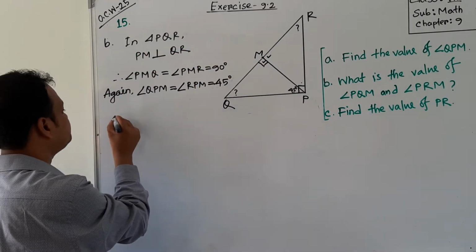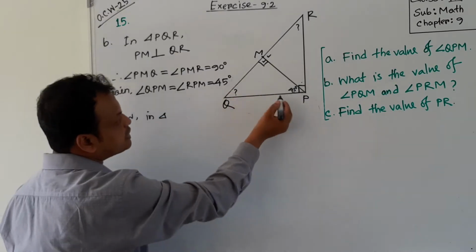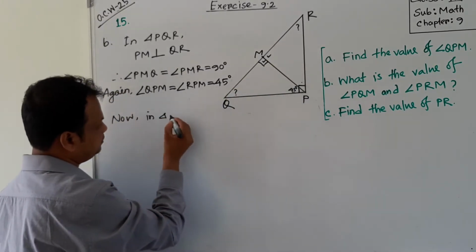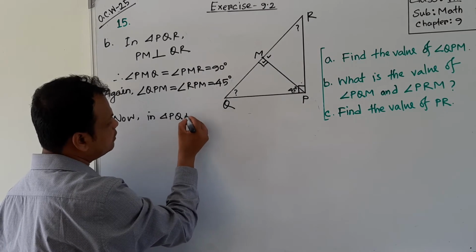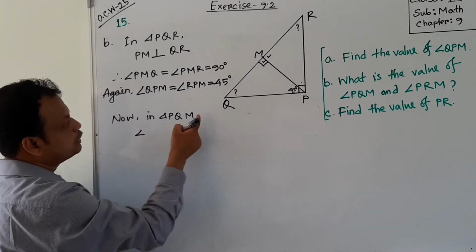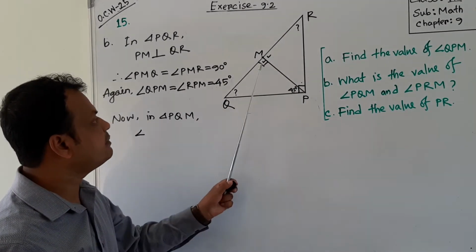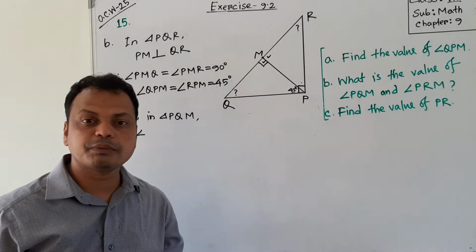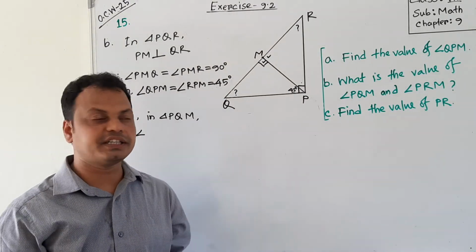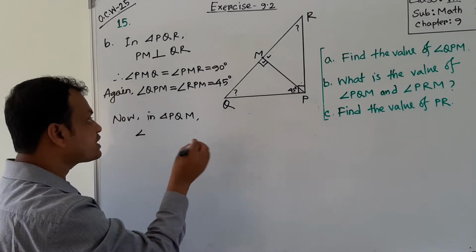So now, in triangle, what is the name of this triangle? PQM. So PQM is a triangle. The sum of three angles of a triangle is 180 degrees. So at first we will do the sum.